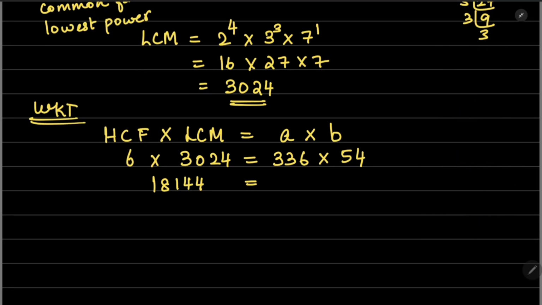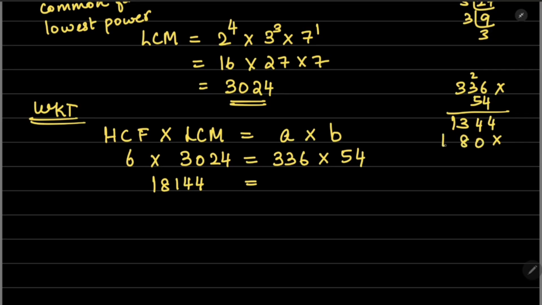Okay, see 336 multiplied by 54. So just a normal multiplication you have to do and just see if it is equal. So 4 6s are 24, 4, 2. Okay, so 12, 13, 14. Okay, just multiply. 5 6s are 30, 0, 3, 15, 16, 17, 18.